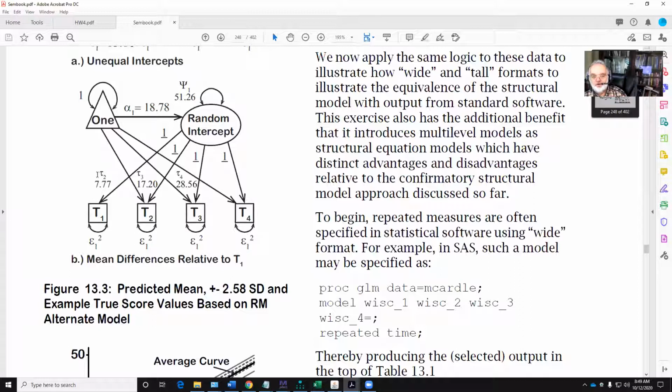So when I say all of the intercepts are different and all of the variances and covariances are estimated and there's no latent variable involved, I have a completely saturated model with 0 degrees of freedom. And when I test the hypothesis that all of the intercepts are the same, that's going to give me a 3 degree of freedom test between the null model and this alternate model where all those means are different.